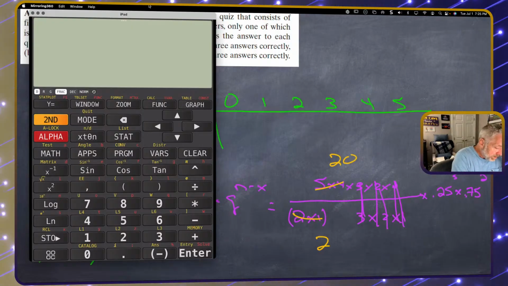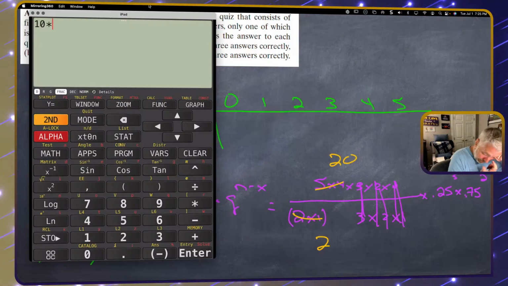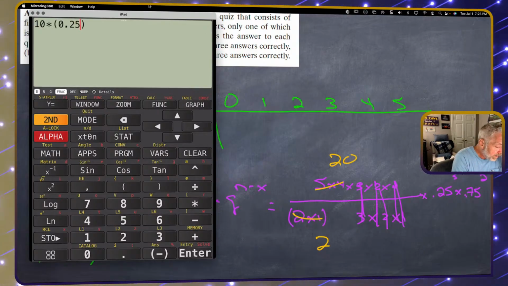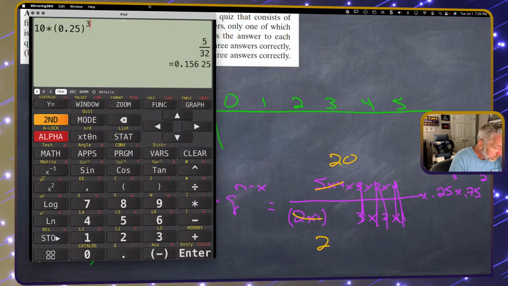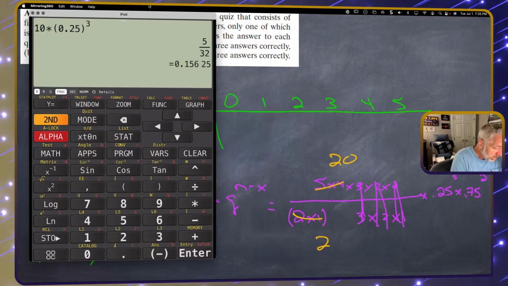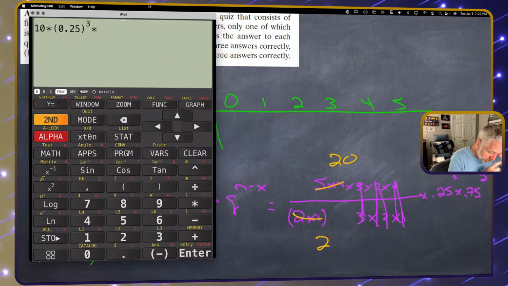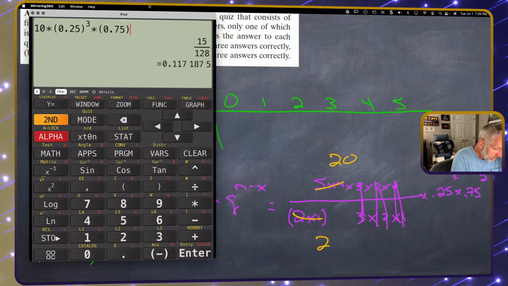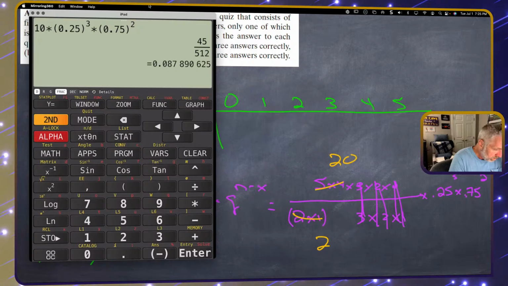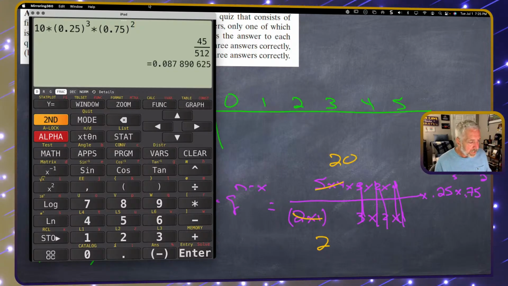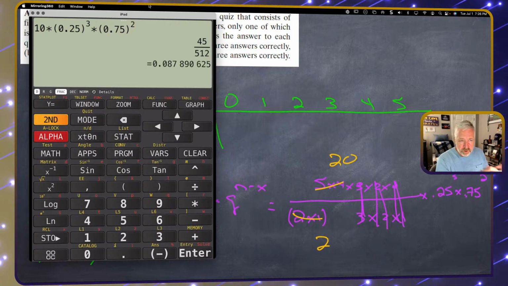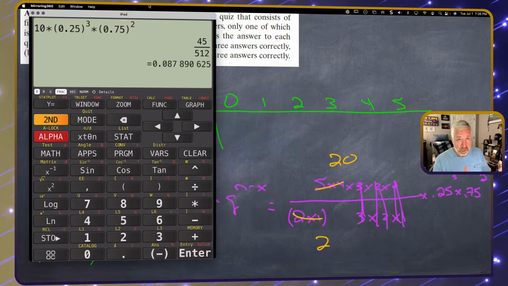20 divided by 2 is 10 times 0.25 caret 3 times 0.75 caret 2. And there it is. So what I get right here is 45 divided by 512. This calculator is better in this respect. It pushes it out as a fraction and then shows all of it in one.